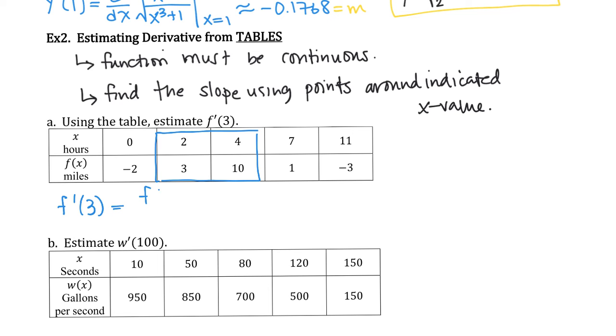So that would be f of 4 minus f of 2 over 4 minus 2, which is f of 4 is 10. F of 2 is 3 over 2, so that's 7 over 2. And in terms of units, this would be miles over hour, so miles per hour.